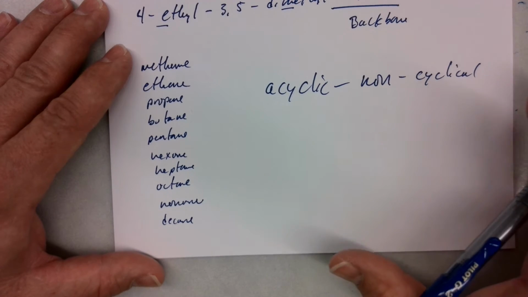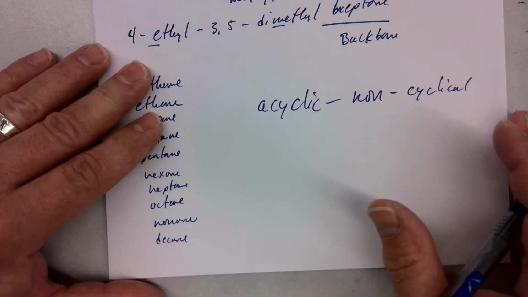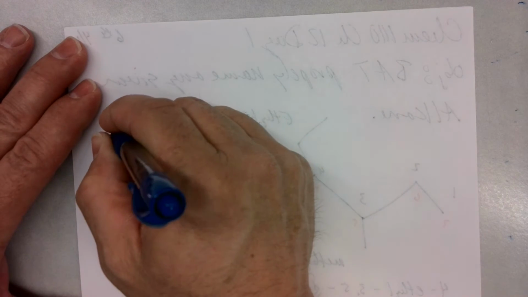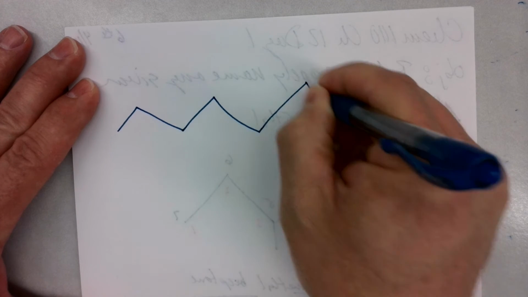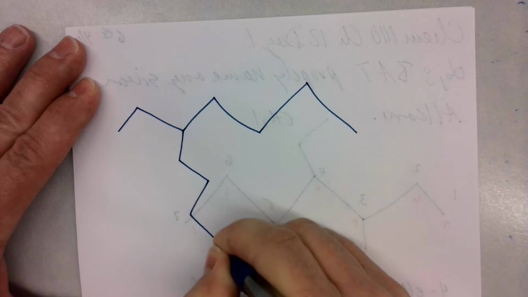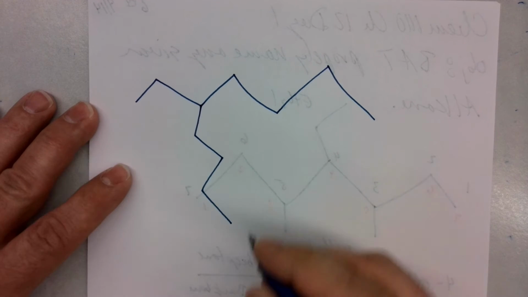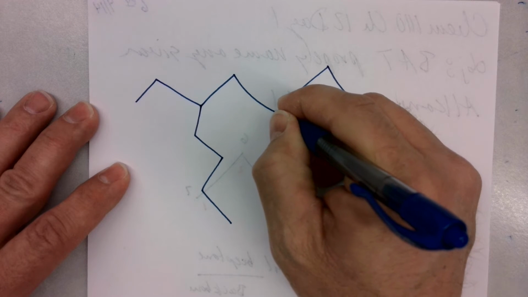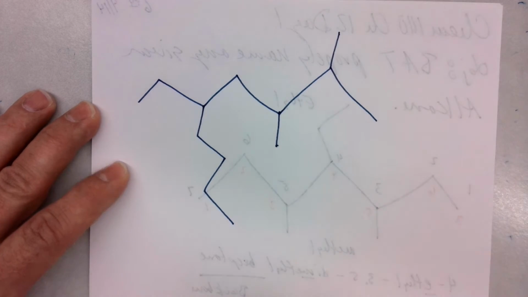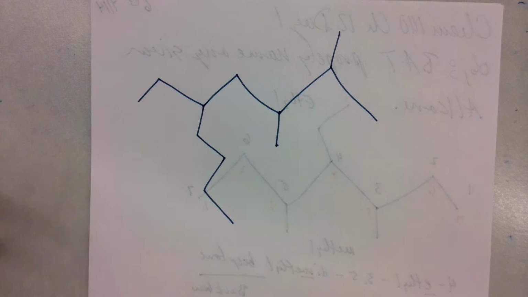Now, this is what we're going to do. We're going to walk through a couple of these, talk through them, then get into some practice. Okay? So, let's say I gave you that, and I gave you that, and I gave you that. Okay, so let's say I did that.